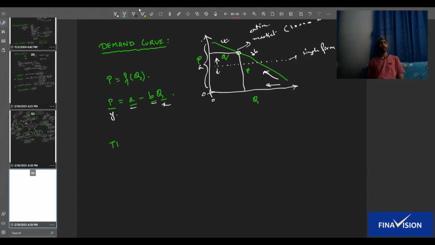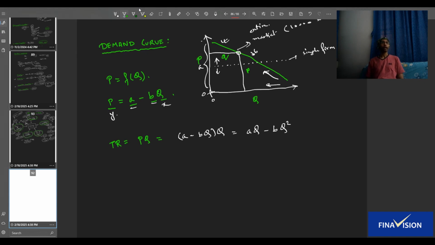So total revenue is equal to P into Q, and we already know this is equal to (A - BQ) into Q, or AQ - BQ².